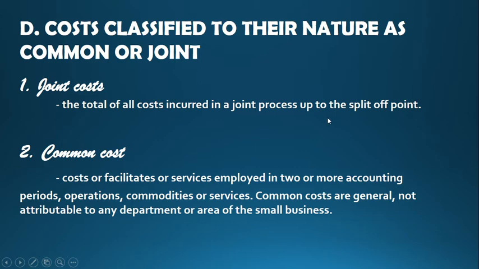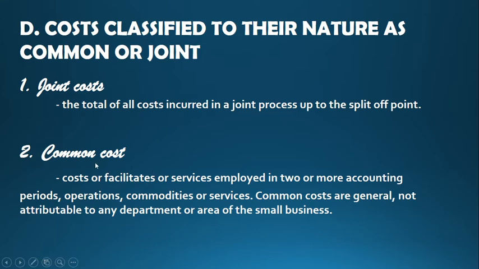Basically, a joint cost is a cost that is incurred in a joint process. When we say joint process, it is a production process in which one input yields multiple outputs. This may include direct labor, direct material, and factory overhead.